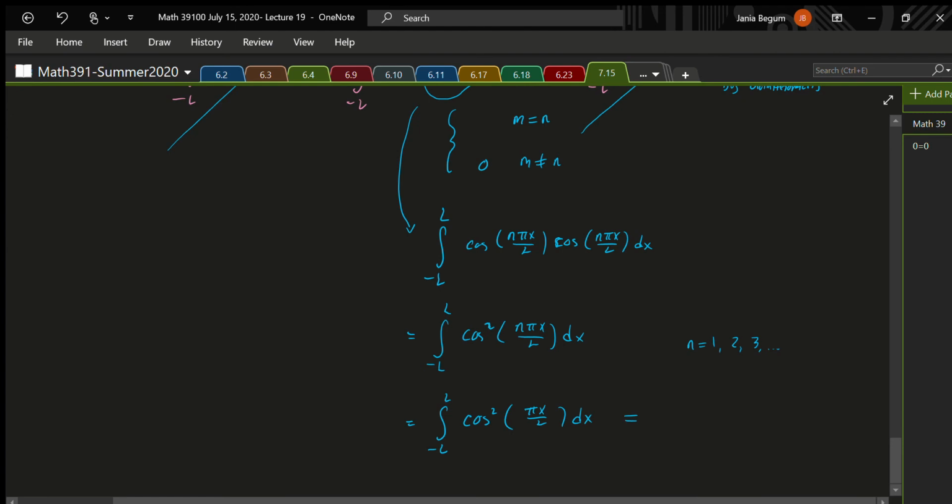That's something you should have done in calculus. What formula do you use to integrate this? Any suggestions, guys?